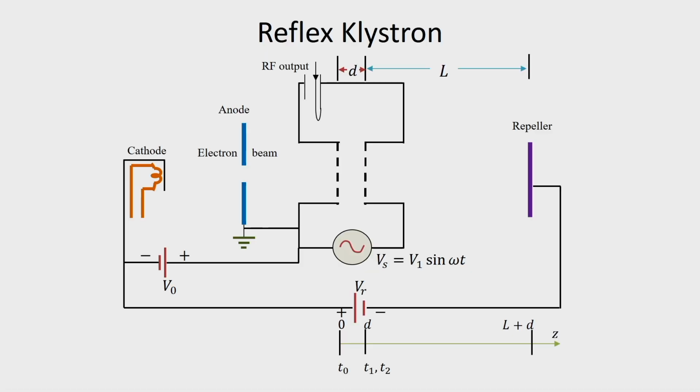The schematic of the reflex klystron oscillator is shown here. We have a cathode which is heated, and the anode, it is maintained at a higher potential than cathode, and we can see that here the anode is at the ground potential, cathode is at lower potential as compared to anode, and there is only one cavity.